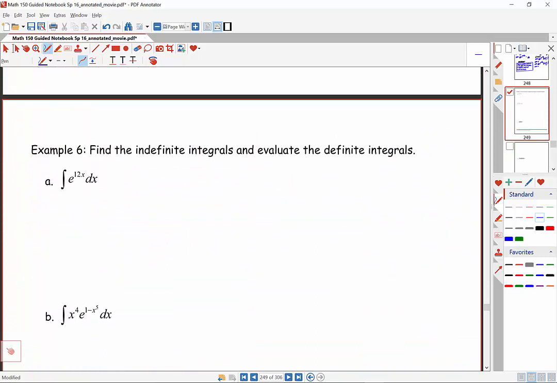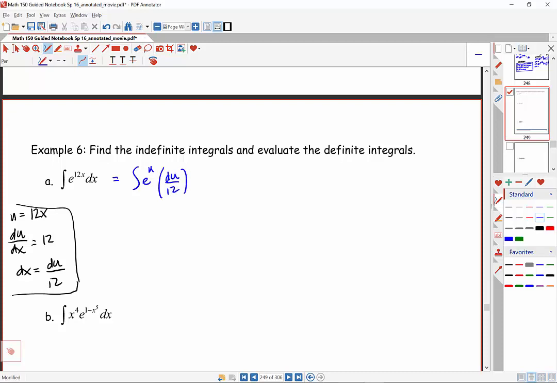This one, what do you think? Maybe our u should be what's in the power. So then du dx would be equal to 12, and then dx would be du over 12.